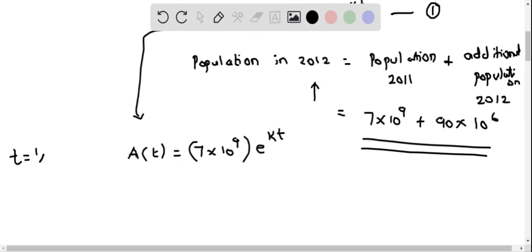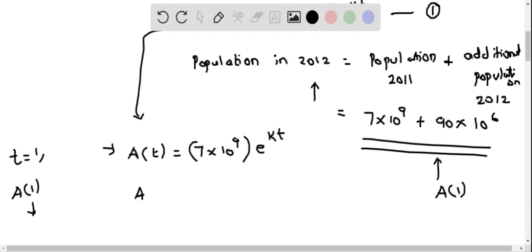So t equal to 1 corresponds to the year 2012. So if you plug t equal to 1 into this equation, we will get A of 1. So A of 1 is the population in 2012, which we know. So let me plug in t equal to 1 into this population model.